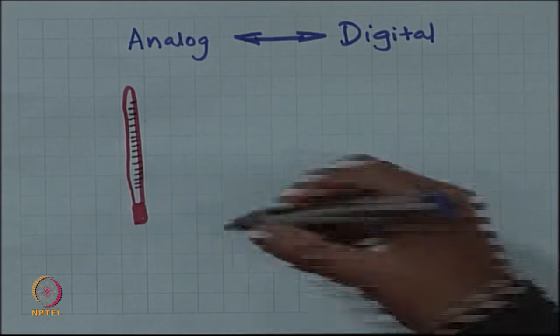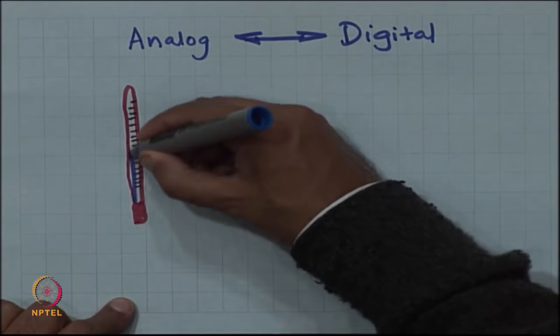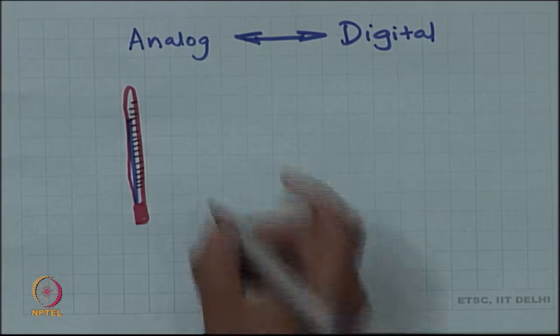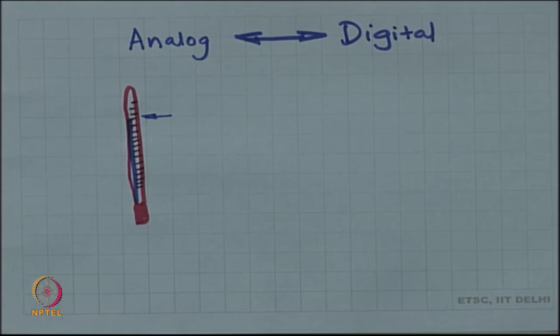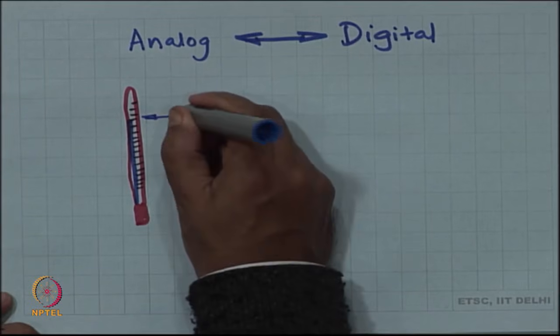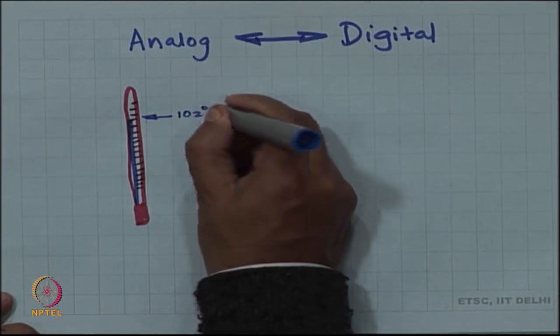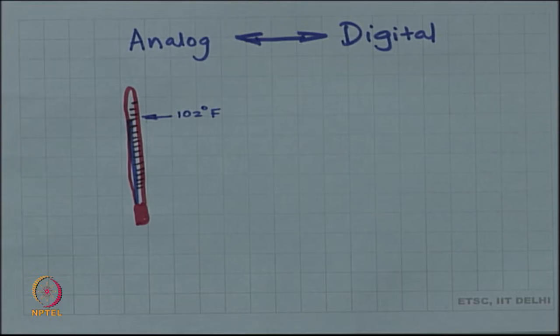So, the column of mercury reaches a certain height and you read out that, oh, the temperature is whatever is written over here, 102.4 degrees, suppose. So, this is an analog system.